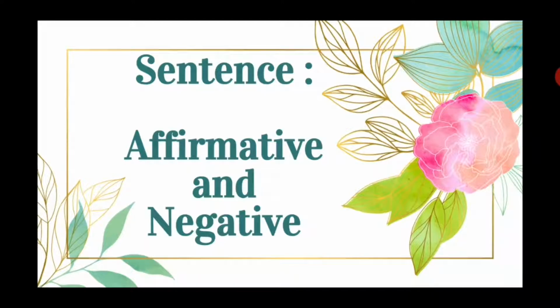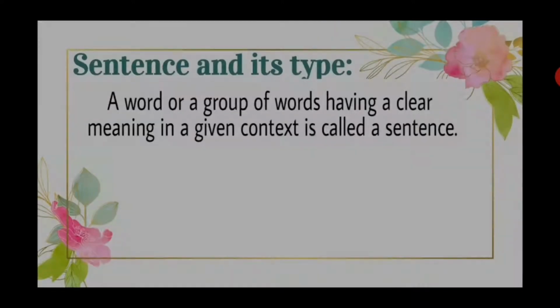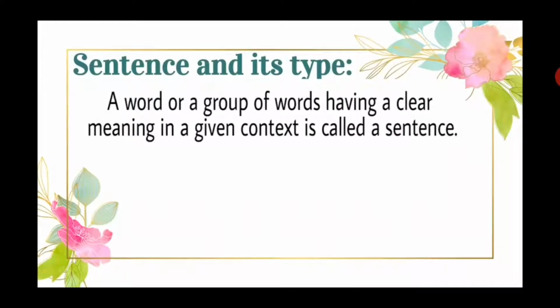But for that, you have to know clearly what a sentence is. Now, what is a sentence and what is its type? A word or group of words having a clear meaning in a given context or situation is called a sentence.